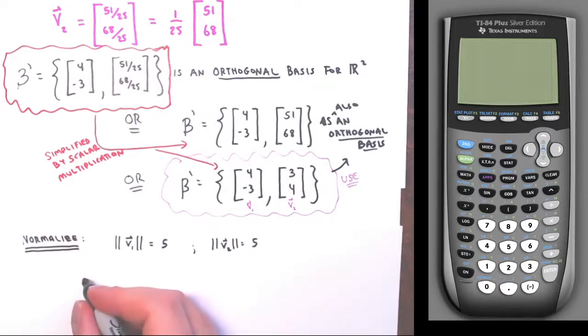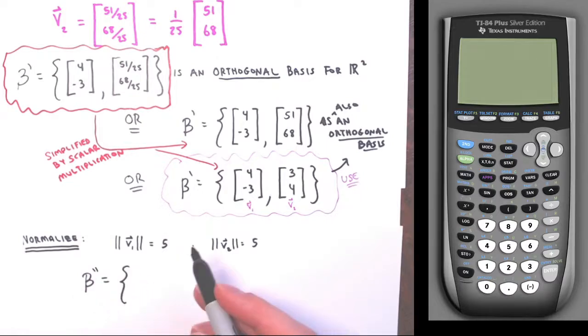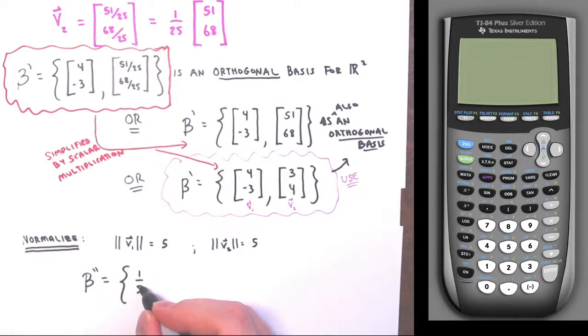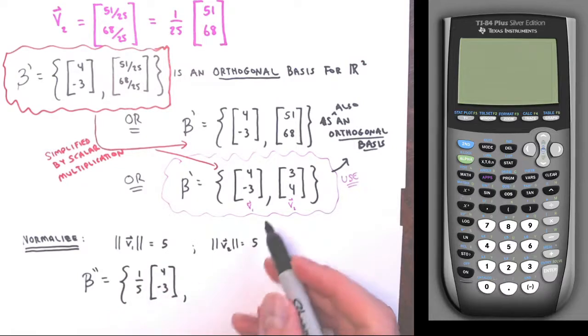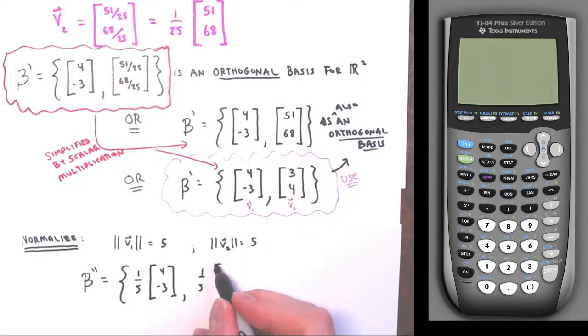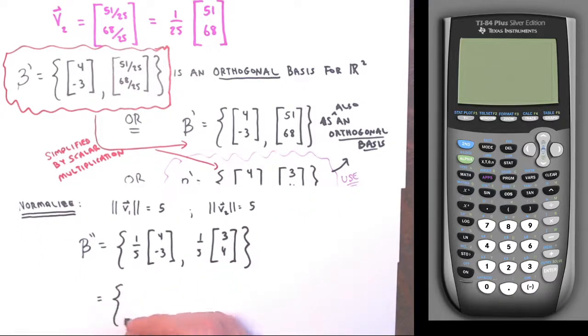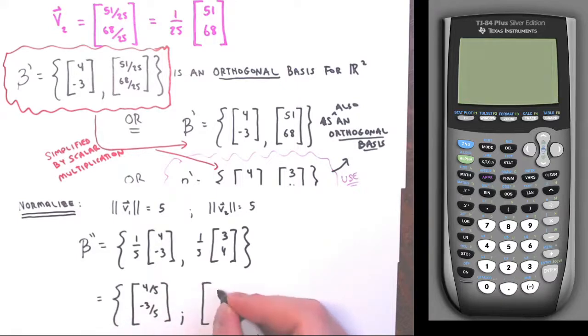So then B double prime equals 1/5 times the vector 4, negative 3, and 1/5 times the vector 3, 4. Or if you'd like to actually put the scalar inside, this would be the vectors 4/5, negative 3/5, and the vector 3/5, 4/5.